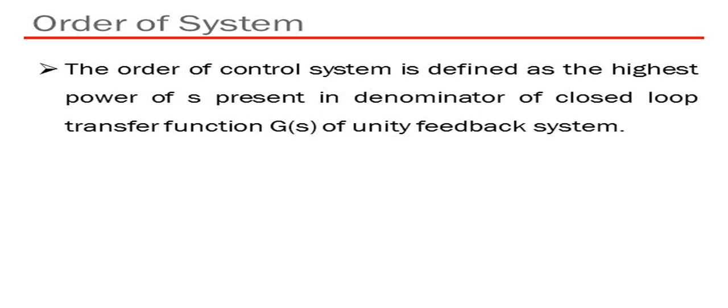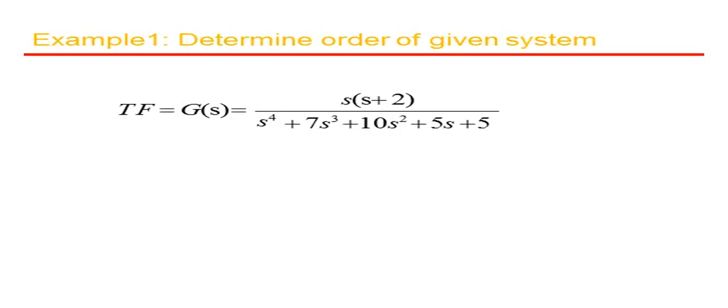The denominator of the transfer function is observed, and the highest power of S in that denominator is known as the order of the system. So let us see one example so that you will get what it is.